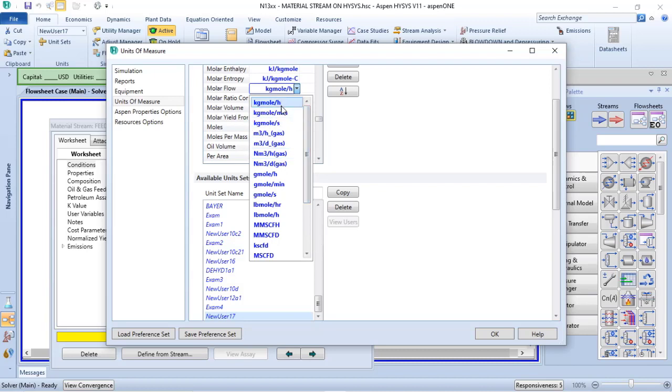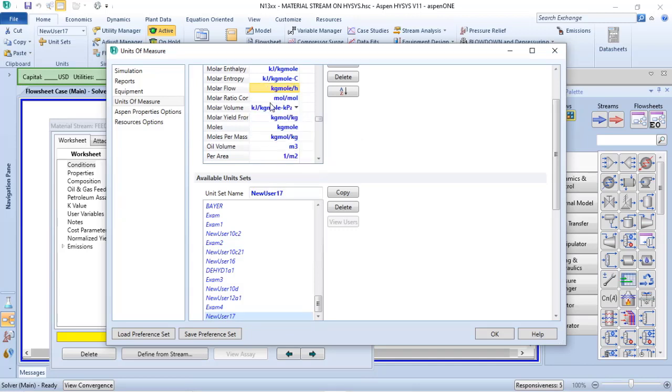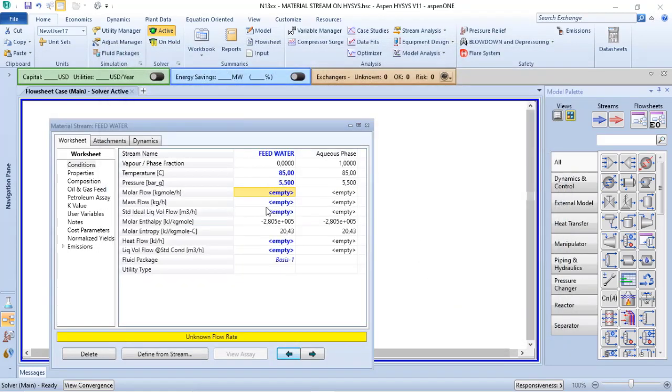I have kilogram mole per time, cubic meter per time, and normal cubic meter per time, and we'll see the differences between cubic meter per time and normal cubic meter per time. For a while, I will leave kilogram mole per hour as the unit of measurement for this process simulation.